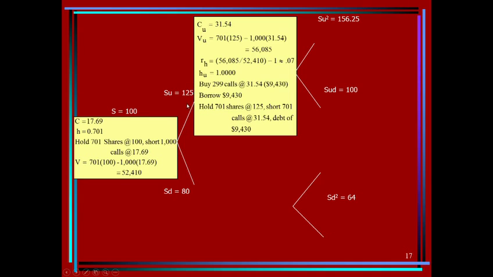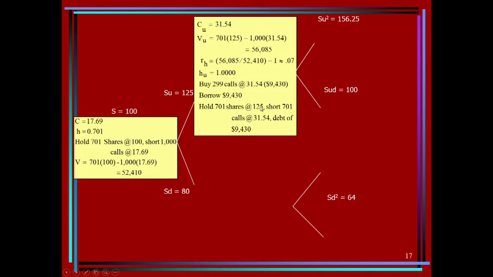So the value of your portfolio, you still have 701 shares. Now this slide may look very complicated because there are so many numbers in there, but it's actually quite simple. Again, I want you to take note of where the numbers come from and to be able to interpret the numbers. The calculations are all very simple because you studied calculus in primary school, right?